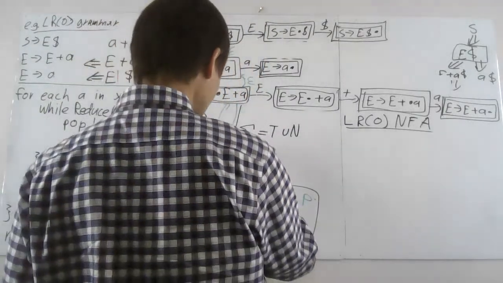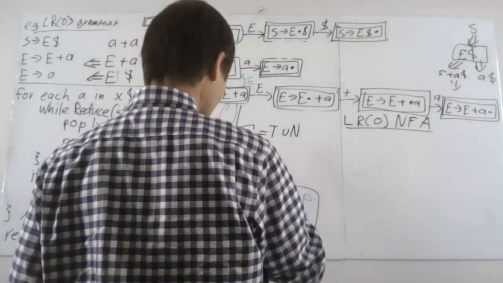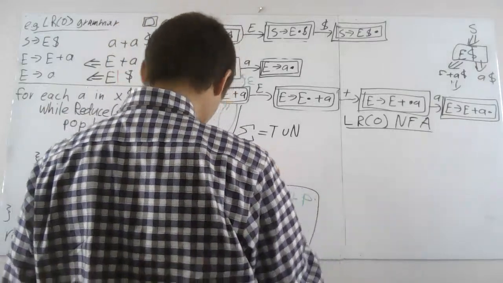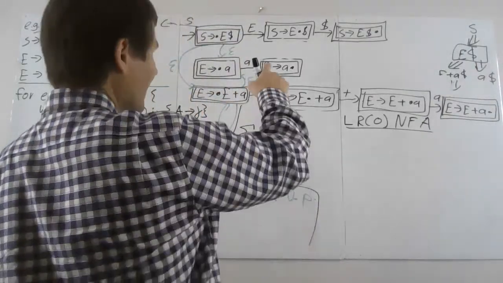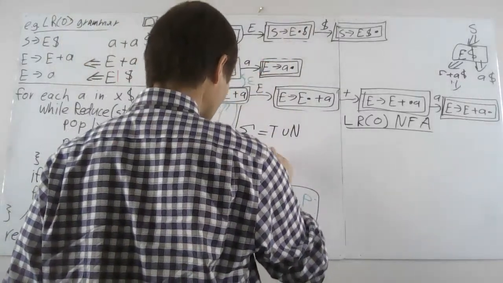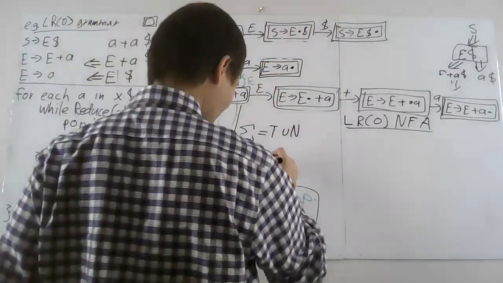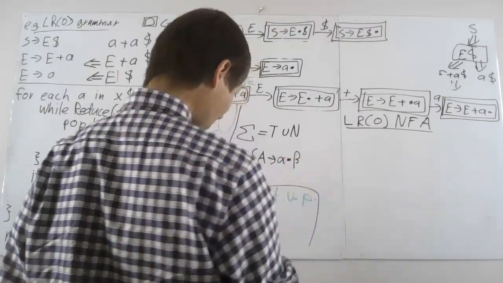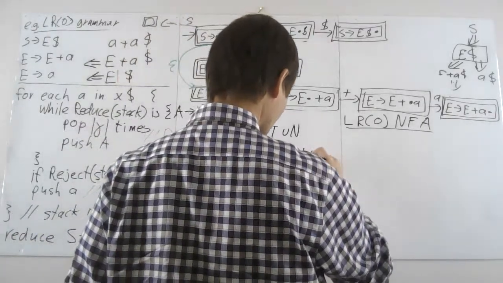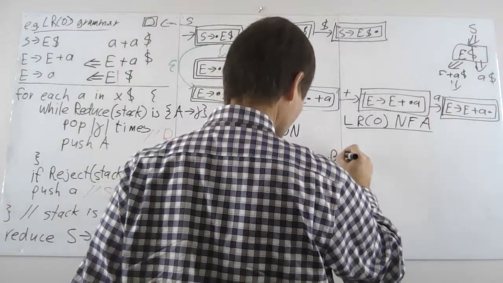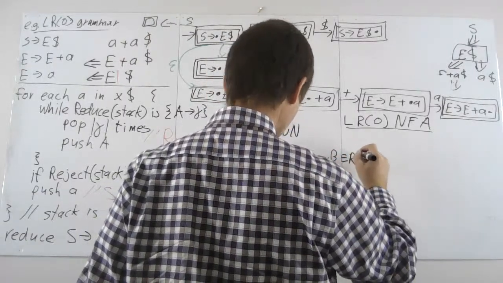All right, what are the states of my NFA? Well, the states are going to be these, I have these labels for these states, and they're going to be of the form A goes to alpha dot beta, such that A goes to alpha beta is a rule in my grammar.